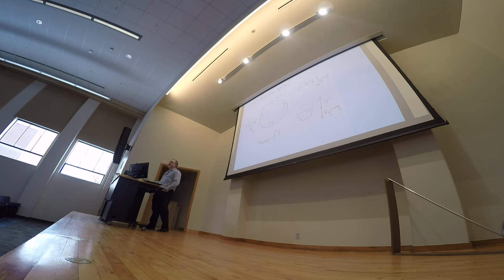There must be some combination of other forces, and we don't know what all those are, but there's some combination of forces that are leading to the total force, which must be equal to the mass times this centripetal acceleration.